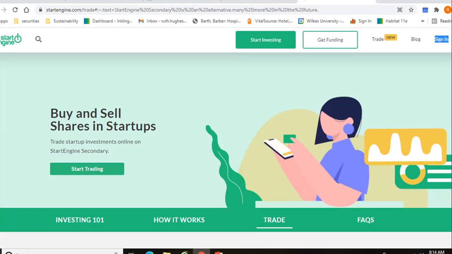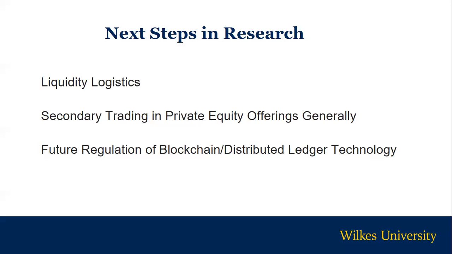It's unclear whether they're going to seek to expand that for maybe an issuer that didn't use their website. So there's still a lot of research to be done, and we're working on it now, and we're hoping to have an article ready for publication by the end of the summer.